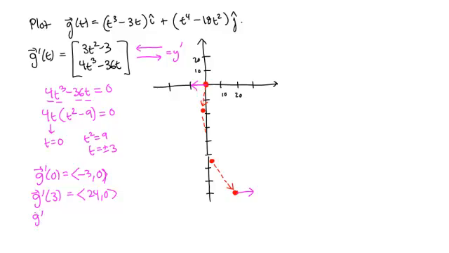If we did g prime of negative 3, we'd also get 24, 0. And if I plot the value at time equals negative 3, I would come up with g of negative 3 is equal to negative 18, negative 81. So it'll be the mirror image of the point we've plotted right here.